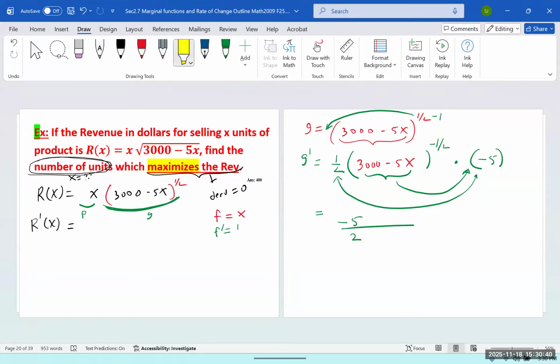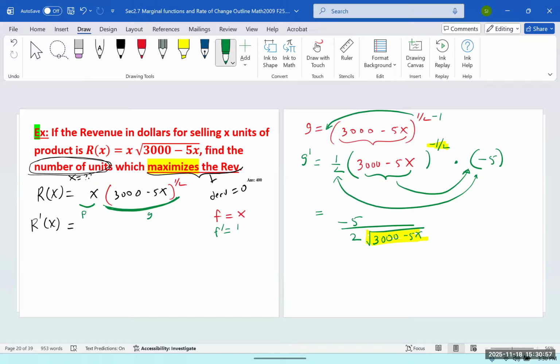And since we have a negative power here, it has to come down to the denominator, next to the denominator 2. So it's square root of 3000 minus 5x.